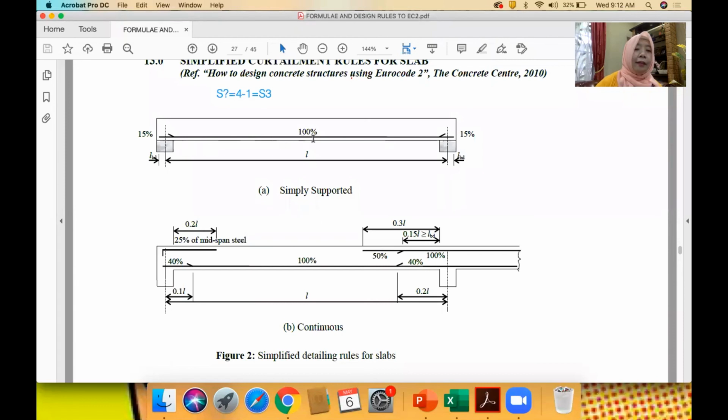We can extend it all to the support, or you can cut it, leaving 50% at least beyond the center of the support, with the extension here, LBD.